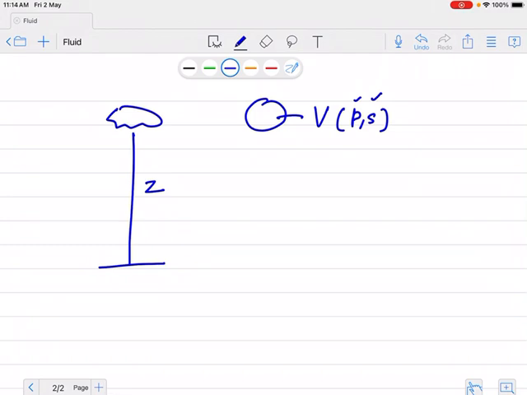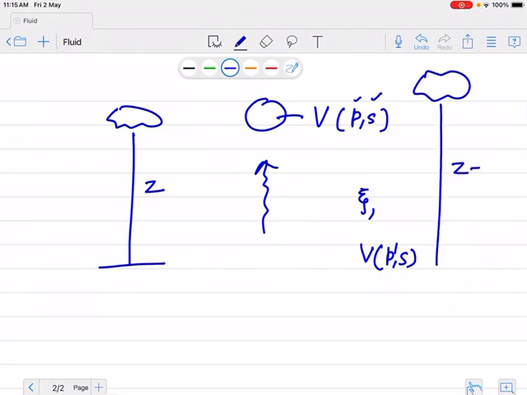It moves very fast in the upward direction, so it is adiabatic, and the displacement is very small. Its specific volume becomes V(P', S), where P' is the pressure at height z plus zeta. So here the volume is the same, but the pressure is a little bit different.